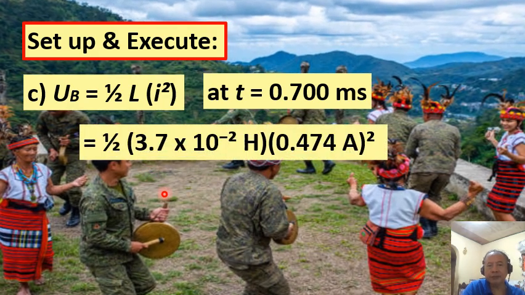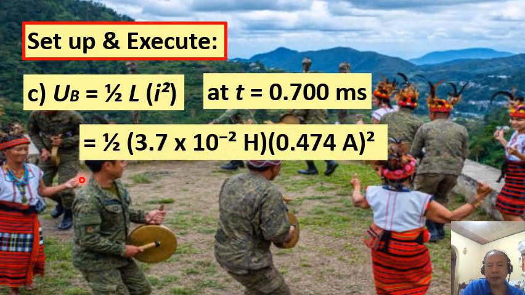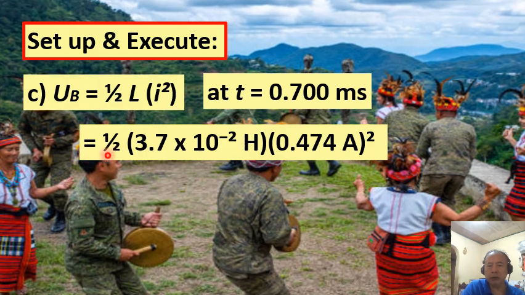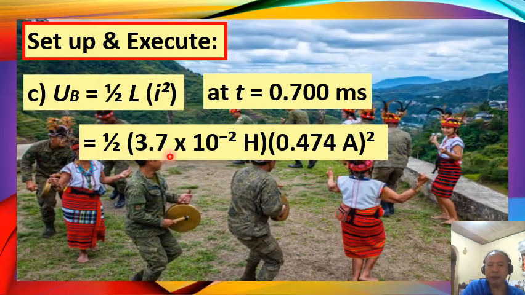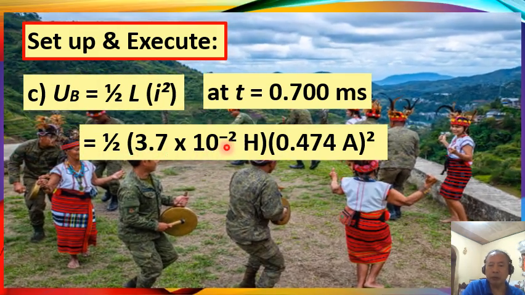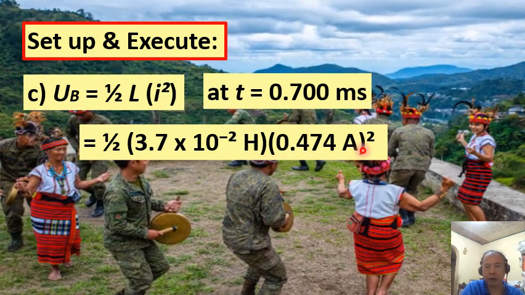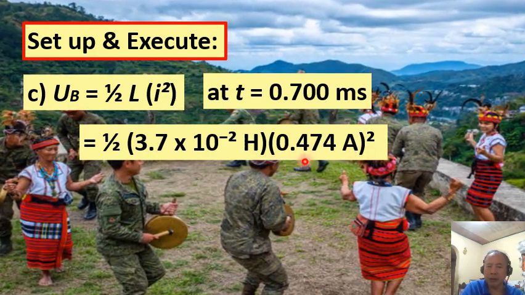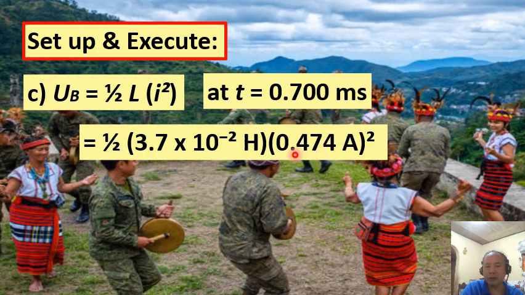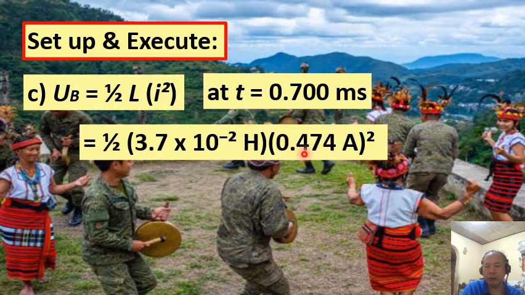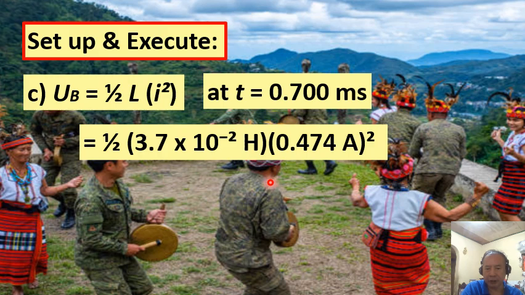That is, the energy U sub B is equal to 1/2 multiplied by 3.7 times 10 to the negative 2 power Henry, and multiplied by the square of the instantaneous current, small letter i, 0.474 amperes.